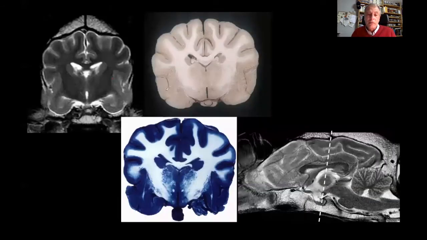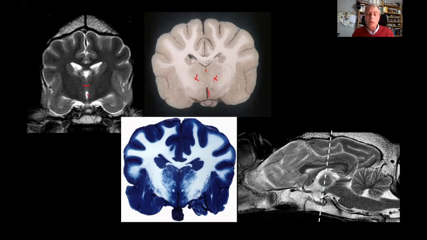So for this one, we are at the level of the interthalamic adhesion. So we are at the level of the thalamus. Remember, there are two thalamus, right and left, okay? And underneath, we have the third ventricle. Remember that this hyperintense signal, I have explained that in another lesson, does not correspond to the third ventricle.